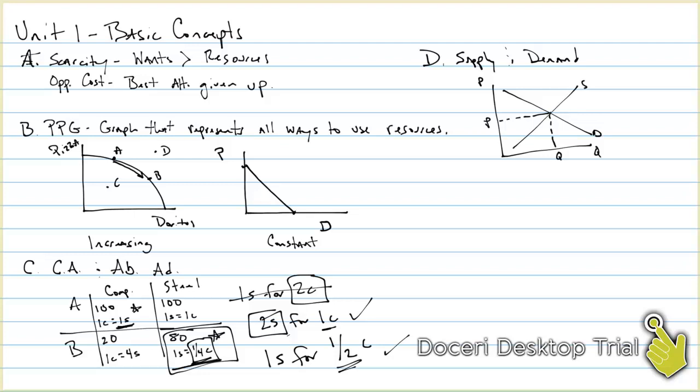So to get this right, we have to understand that the flood is going to cause a decrease in supply, right? A flood can cause a negative supply shock, a decrease in supply.